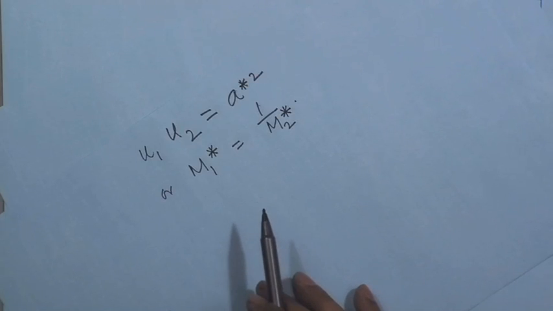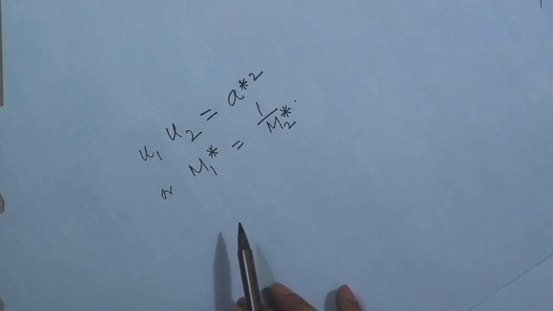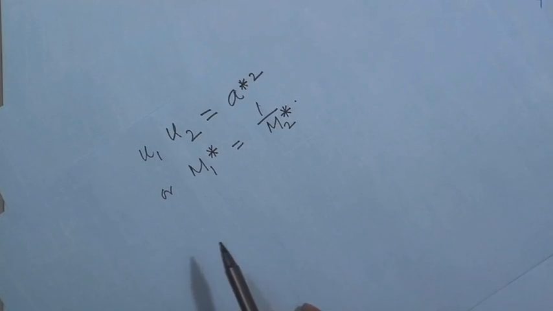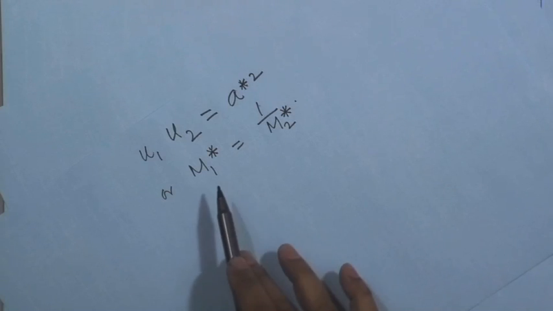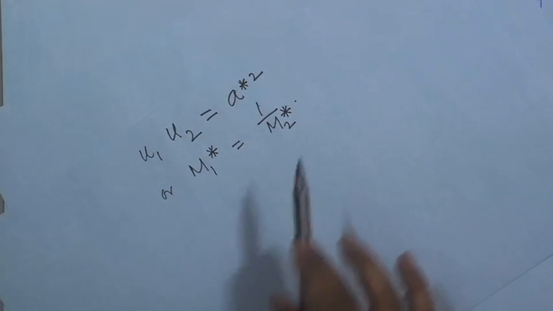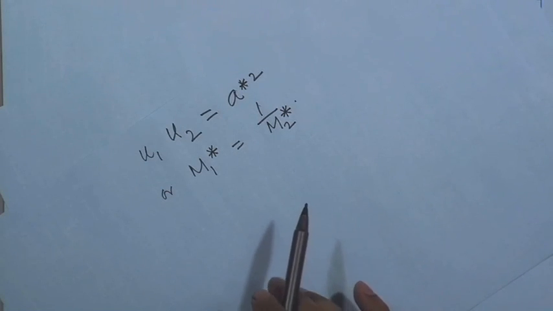We have already seen that M1 star becomes less than 1 when the flow is subsonic, that is when M1 is less than 1. So, what we can see from here is that when the flow is subsonic at station 1, the flow is likely to be supersonic at station 2, and similarly, if the flow is supersonic at station 1, it will be subsonic at station 2.